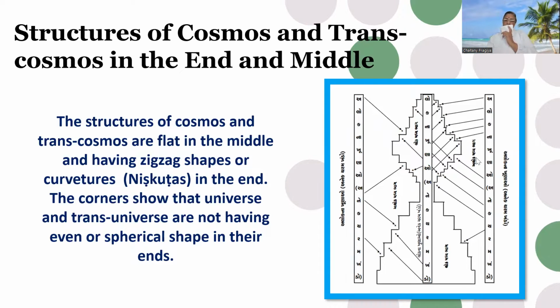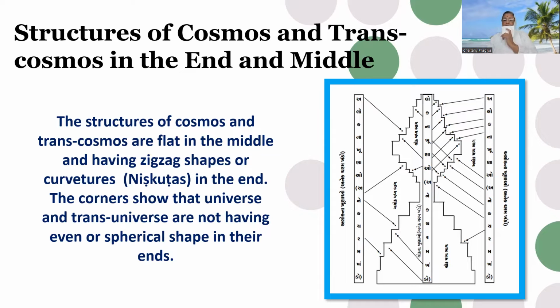Similarly, after this cosmos, the transcosmos, or you can say supracosmos, starts, and that supracosmos starts from the ending of the cosmos, and that's why these are the nishkuts, or zigzag type of shapes of the transcosmos also. These structures are shown here, that the universe also has so many endings, or such kinds of shapes in the end.